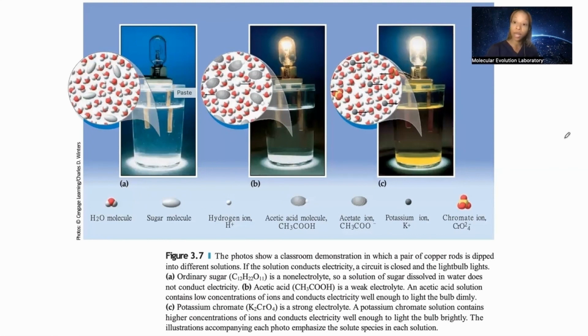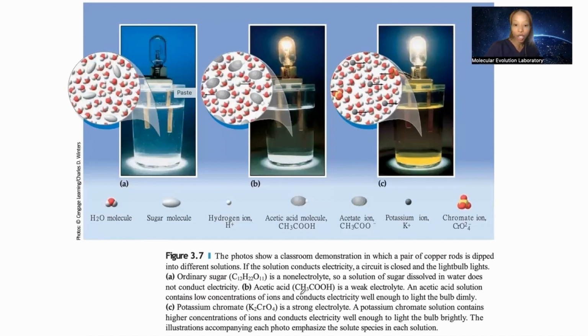So if you put some sugar in water and you put the copper rods that are supposed to be a conduit to conduct the electricity, there will be no indication of electricity because sugar is a non-electrolyte. This image basically shows that a solution of sugar molecules in water does not conduct electricity.